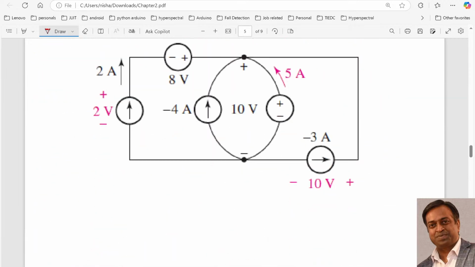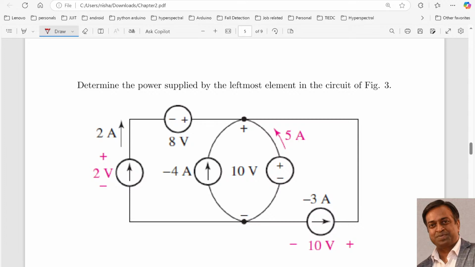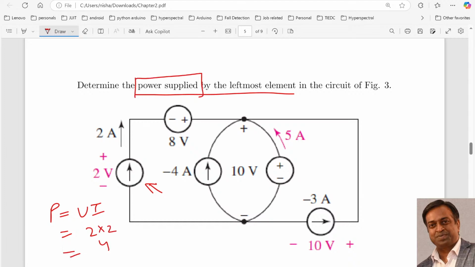Now coming to this question, determine the power supplied by the leftmost element, which is this. Again, power is VI, which is 2 into 2, which is 4. But over here it is asking power supplied.